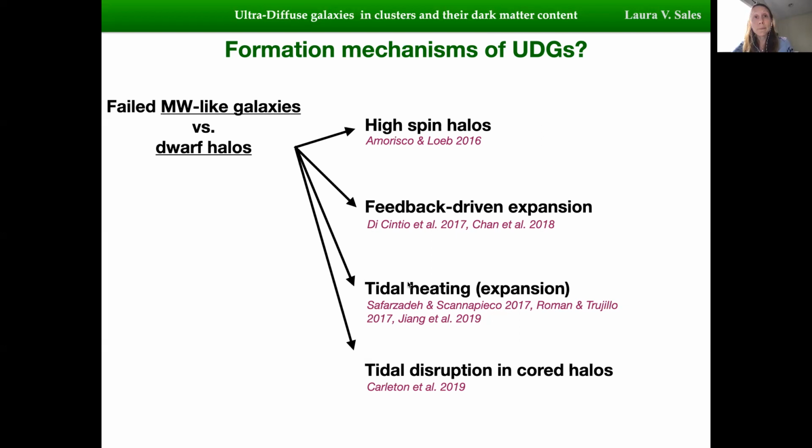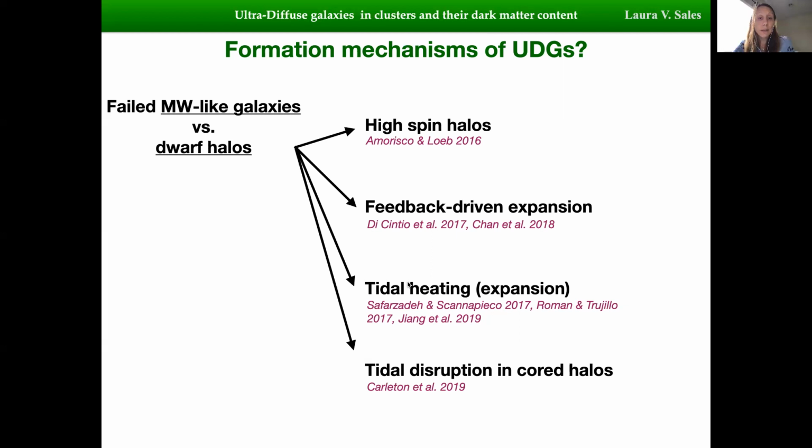But they, of course, with the galaxy inside, but they made the calculations in this work of Carleton et al. They made the calculation of tidally disrupting an NFW versus a cuspy halo, and they discovered that it was not enough to explain all the numbers. So they claimed that you needed cored dark matter halos.